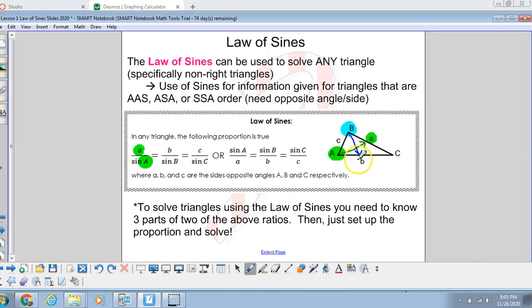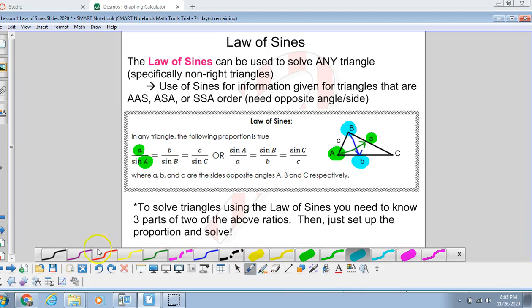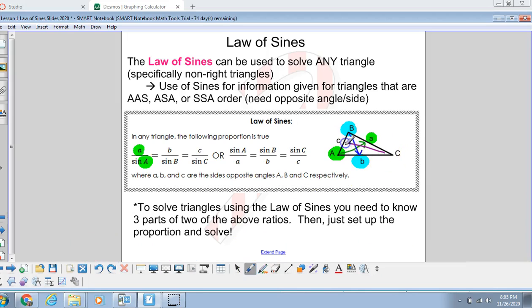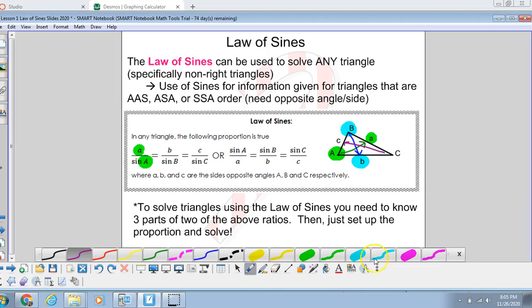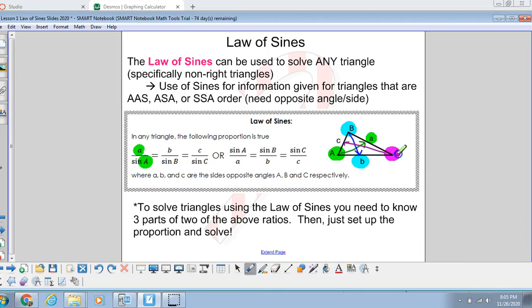So we have angle B, and across from that is lowercase b, and across from angle C would be side c. So angle C here and side c across from it. Very important to denote those properly.